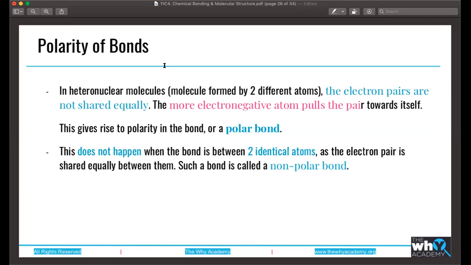Now, this polarity of bonds is something we talk about exclusively in the case of covalent bonds alone. In ionic bonds, polarity of bonds does not make sense. Any guesses why? Because they get neutralized. Mm, no. The two charges definitely don't get neutralized. You still have cations and anions.